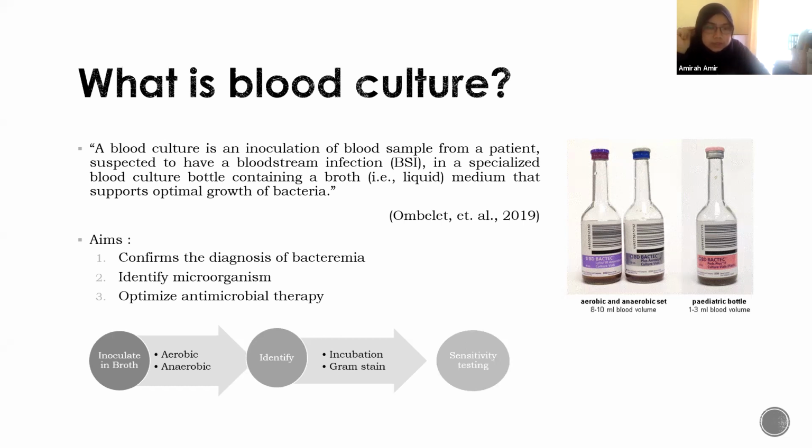If you remember in basic science, we have done gram staining, right? Whether the gram stain is negative or positive, they would then look at the microorganism under the microscope to identify the morphology, and after that they would subculture it and send for sensitivity testing for antibiotic.